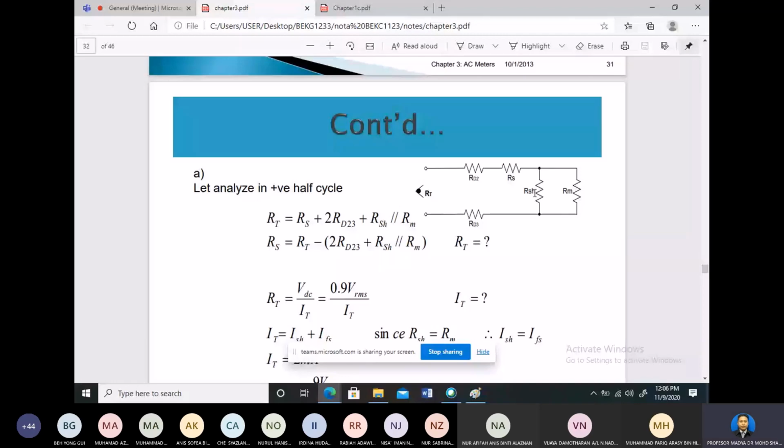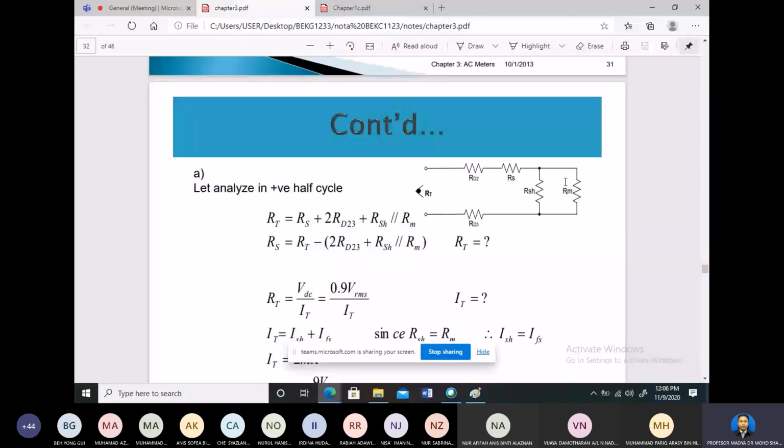Remember the formula for calculating resistors in parallel: RM multiplied by R shunt divided by RM plus R shunt.